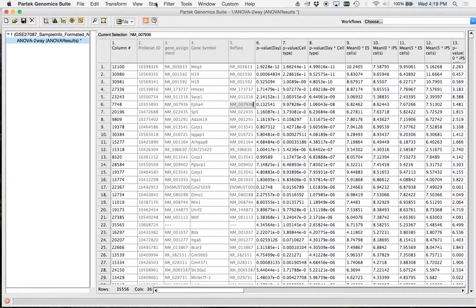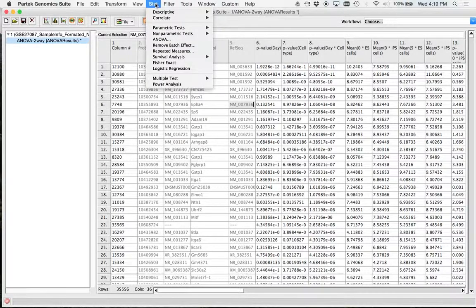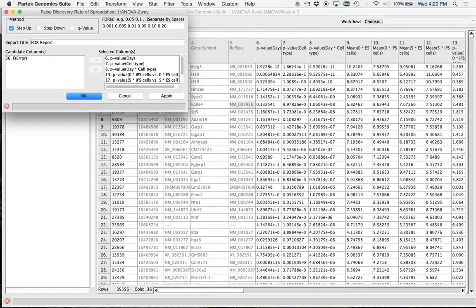We can do that. So go to stats, go to multiple tests, and go to false discovery rate. Do you have anything up here? You might have to fill some things in. So what you can do is I put 0.001, put a space, and then 0.005, space 0.01.